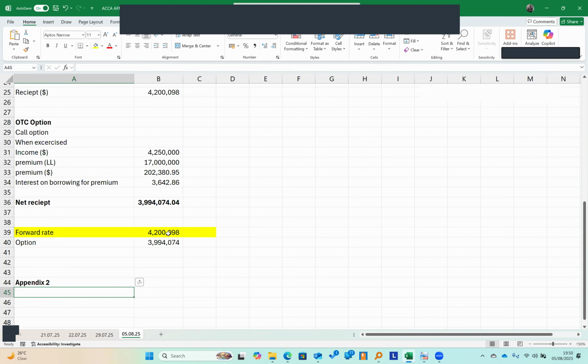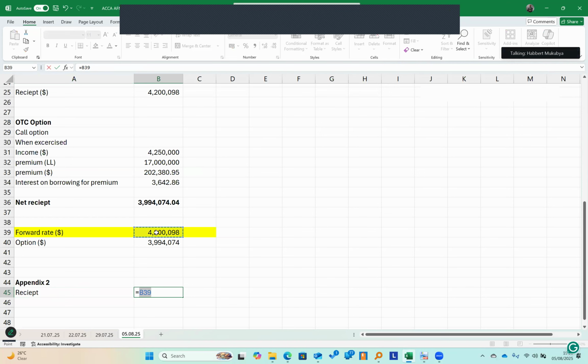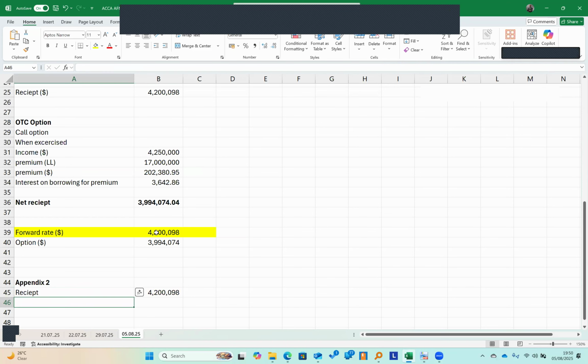As I said, since the forward rate gives us the highest amount, we are going to assume that we are going to have 4.2 million. Remember, these are dollars. So for the receipt, we are going to take $4.2 million. That's what we are going to receive.